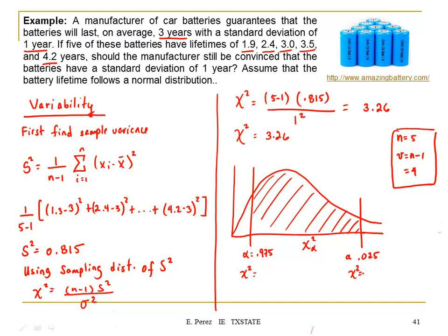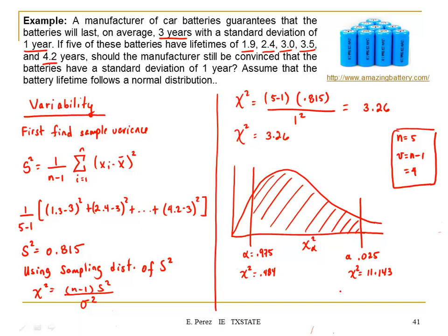Yeah, I don't have any tables, but I have the number right here. So this chi-square equals 0.484, and this chi-square equals 11.143.